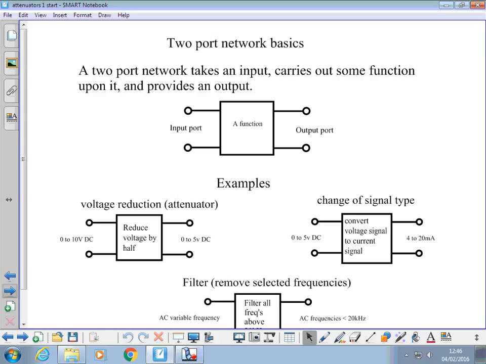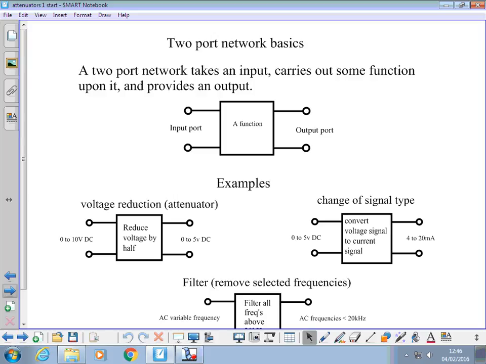Examples: voltage reduction. That's one of the ones we're going to look at, an attenuator. We put 0 to 10 volts in, for instance. The action of that 2-port network is to reduce voltage by half, so we get 0 to 5 volts out. Next, change of signal type. 0 to 5 volts DC input, convert the voltage signal to a current signal.